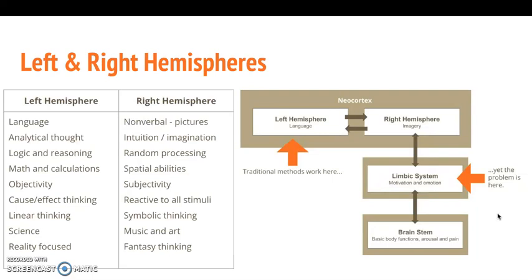The left hemisphere is considered our conscious processor and is responsible for language, analytical thought, logic and reasoning, and reality. The right hemisphere is the subconscious processor. That hemisphere is responsible for nonverbal information or pictures, intuition, imagination, random processing, and fantasy.